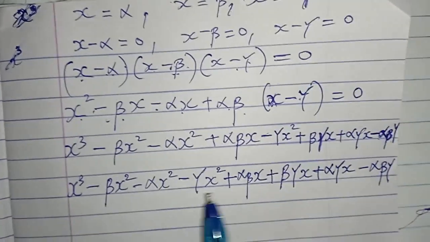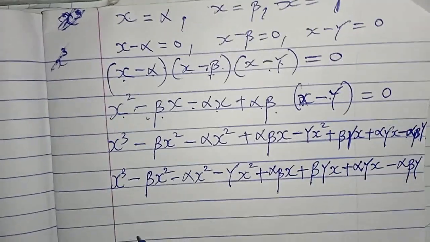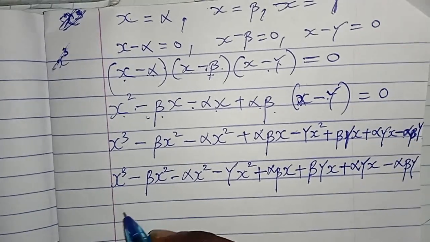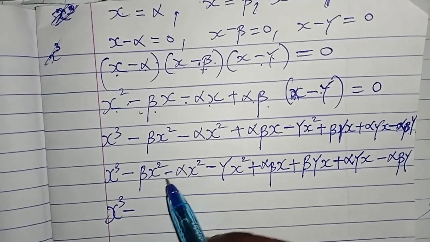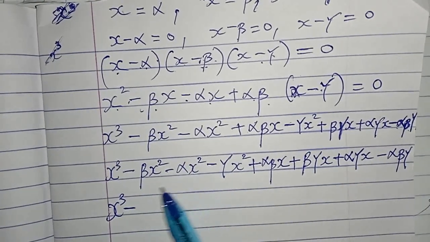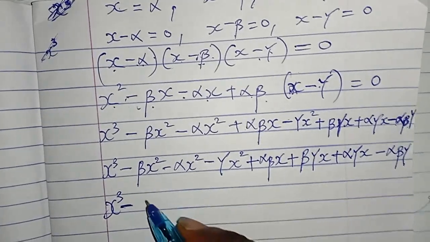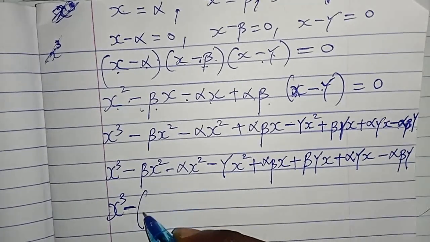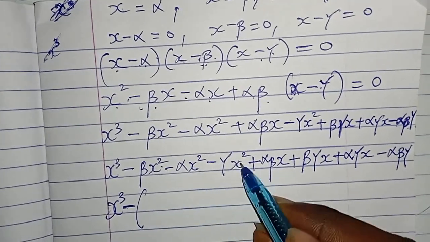Now that we are through with collecting, we can factor out. So this is x cubed minus. Anytime you want to factor out, the symbol before the first value there, bring it out. So minus, what is common here? x squared, x squared, x squared.